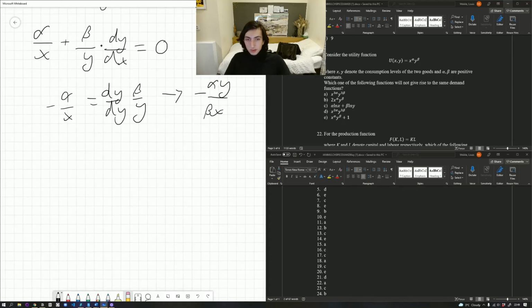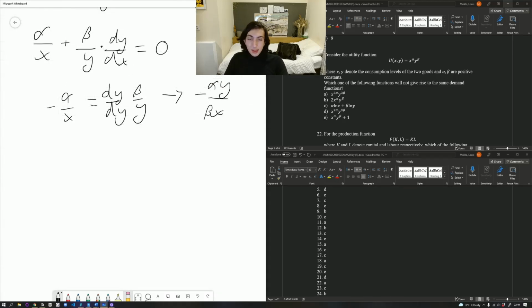Now, moving on to d, why that one's incorrect. For d, if we try to do the partial derivative here, the partial derivative with respect to x gives you minus 2 alpha x^(2 alpha minus 1) y^(3 beta), and then you've got that over 3 beta x^(2 alpha) y^(3 beta minus 1).